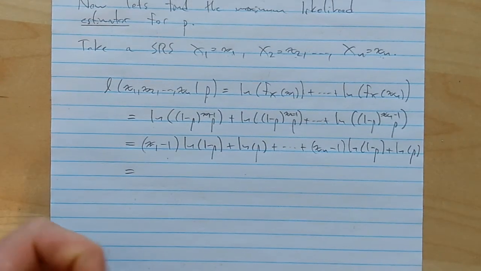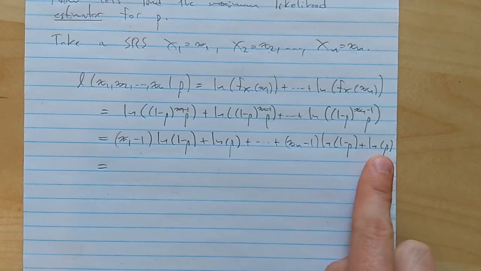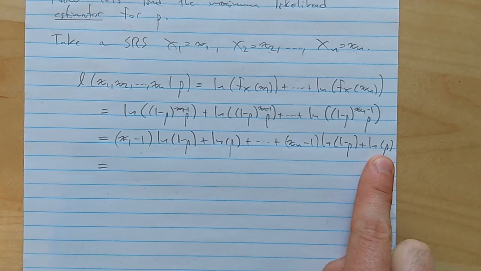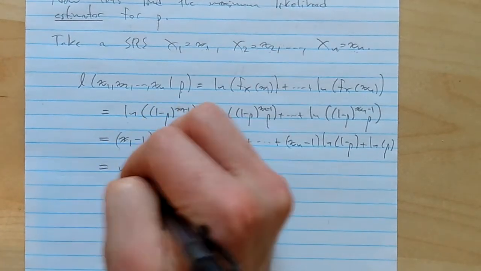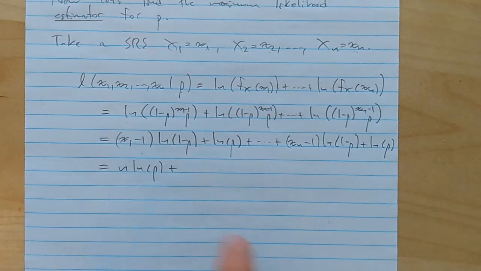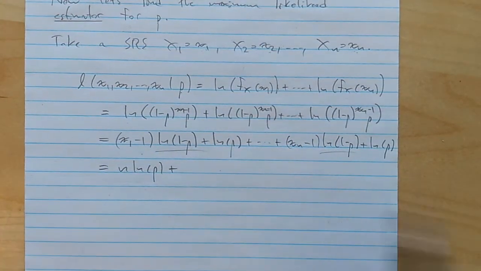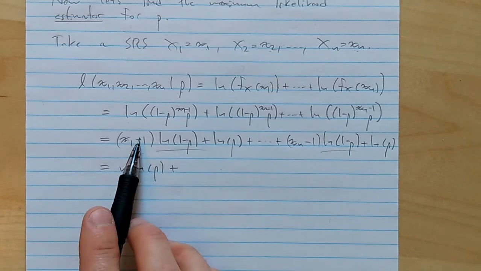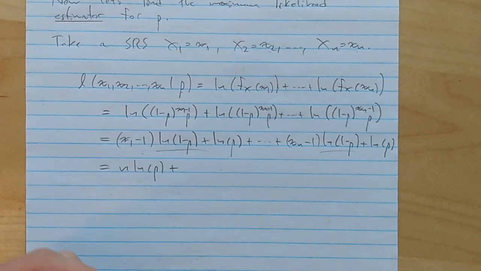Okay, so in total, what do you get here? How many ln of p's do you have? Well, for each one of these guys, I get a ln of p term, and there are n. So I have n ln of p's. And let's look at the ln of 1 minus p's. What's in front of them? x1 minus 1, x2 minus 1, x3 minus 1, all the way up to xn minus 1.